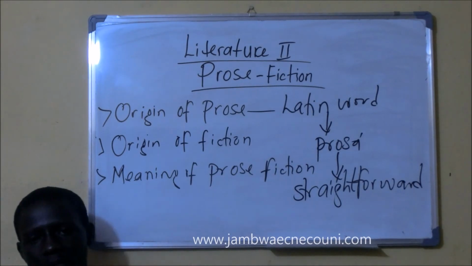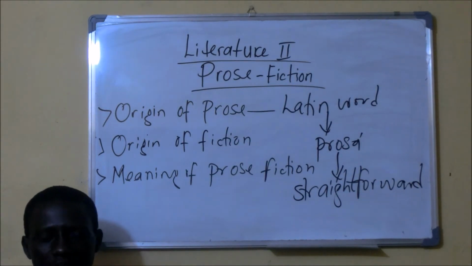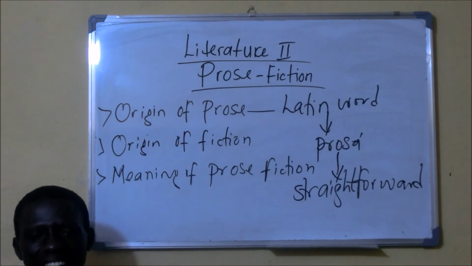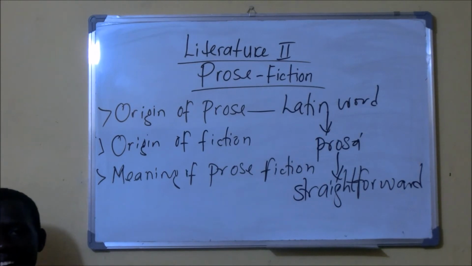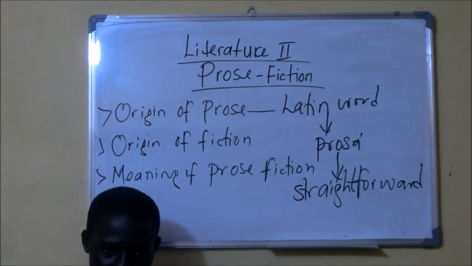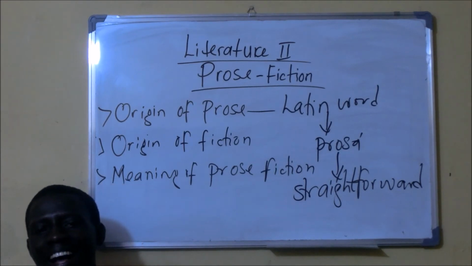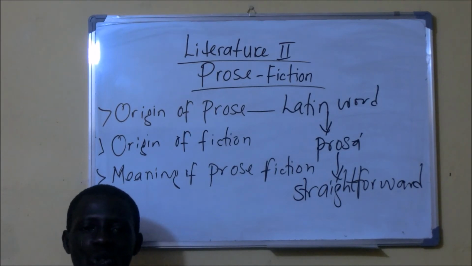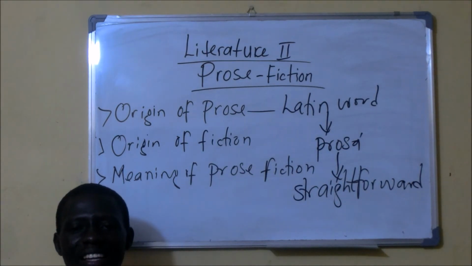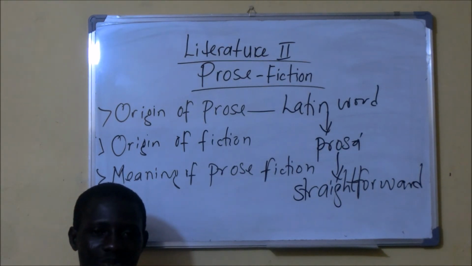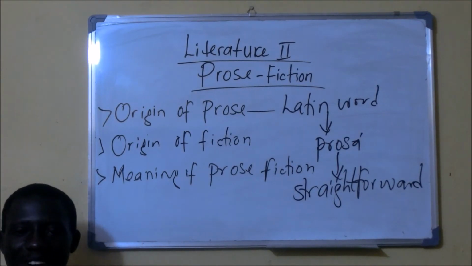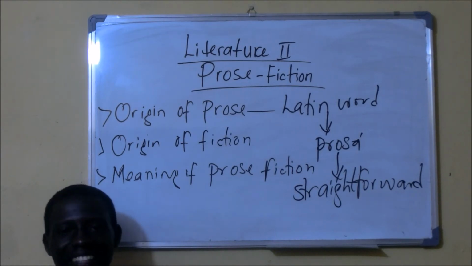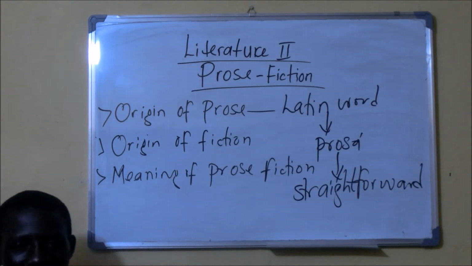So prose has a consonant relationship with English or with grammar, unlike drama and poetry, because a poet has what we call poetic license. Poetic license allows a particular poet to use words the way he or she pleases. The same thing is applicable to a playwright. A playwright can commit an error and attach that error to the character.